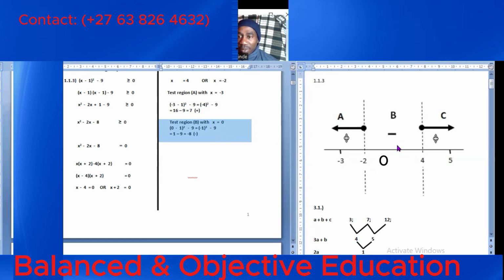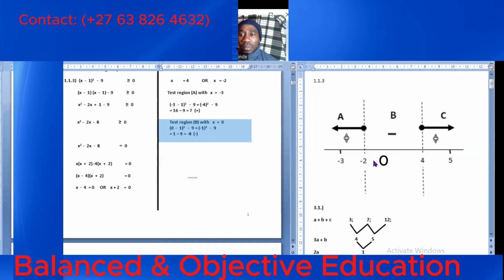You must use a value of x that lies between the two roots, any value of x that lies between the two roots. That is why we chose x in this case. Now, if you substitute x equal to 0 into this equation, you will get -8, which is negative. So that means that the inequality will be negative for all values of x that lie between -2 and +4.